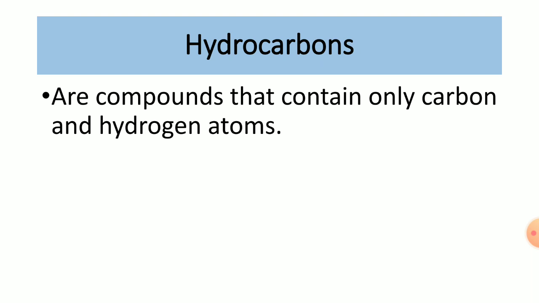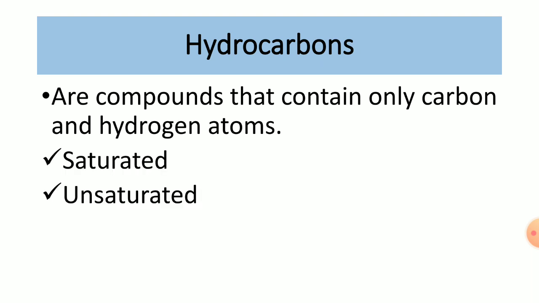So they may be described as saturated and unsaturated. When we say saturated hydrocarbons, these are hydrocarbons in which all carbon-carbon bonds are only single bonds, while unsaturated hydrocarbons contain one or more carbon-carbon multiple bonds.